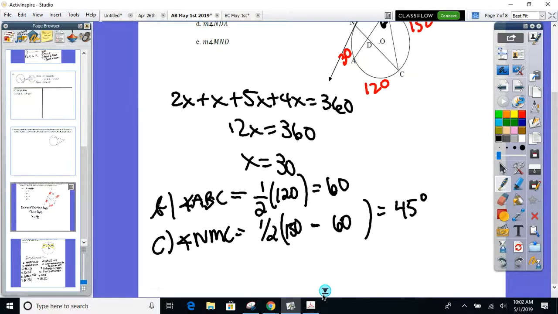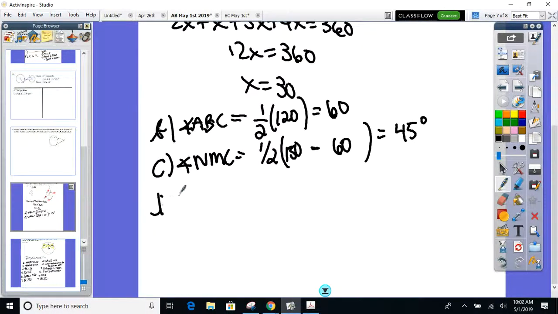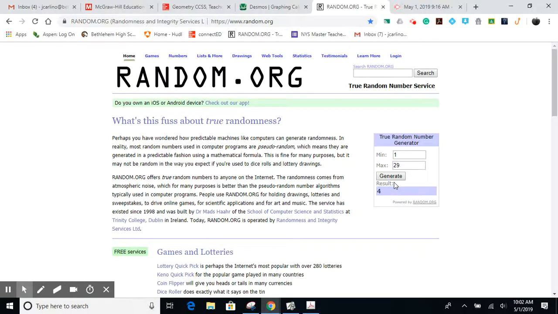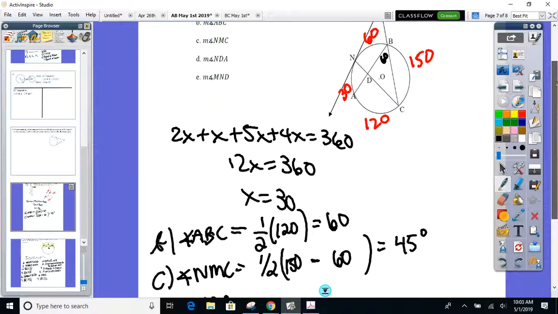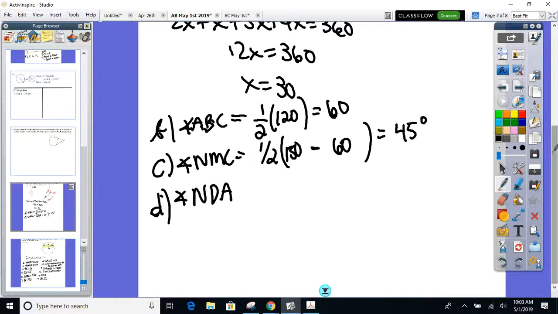D. Angle NDA. Look where that is before I call on somebody. Inside or outside? Central. Sorry, I'll just get right to it. It's a floater. How do I find a floater?